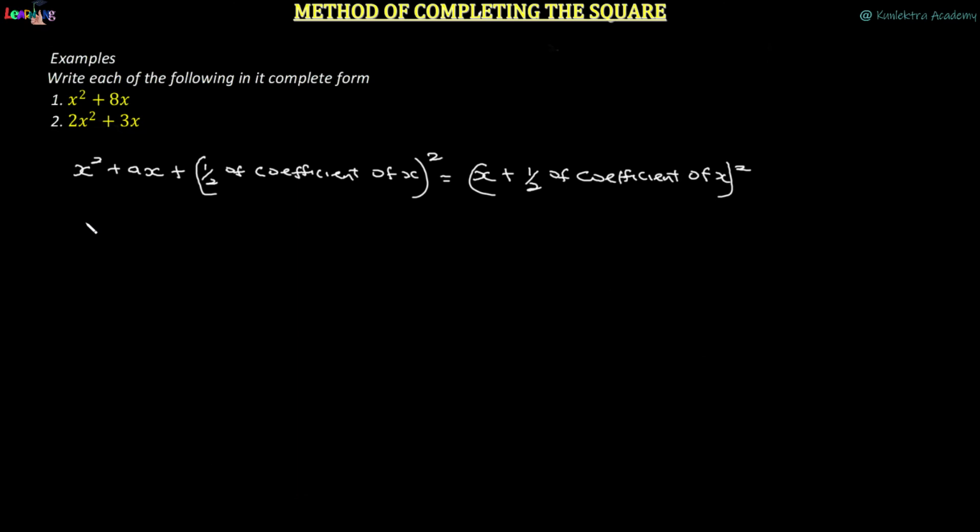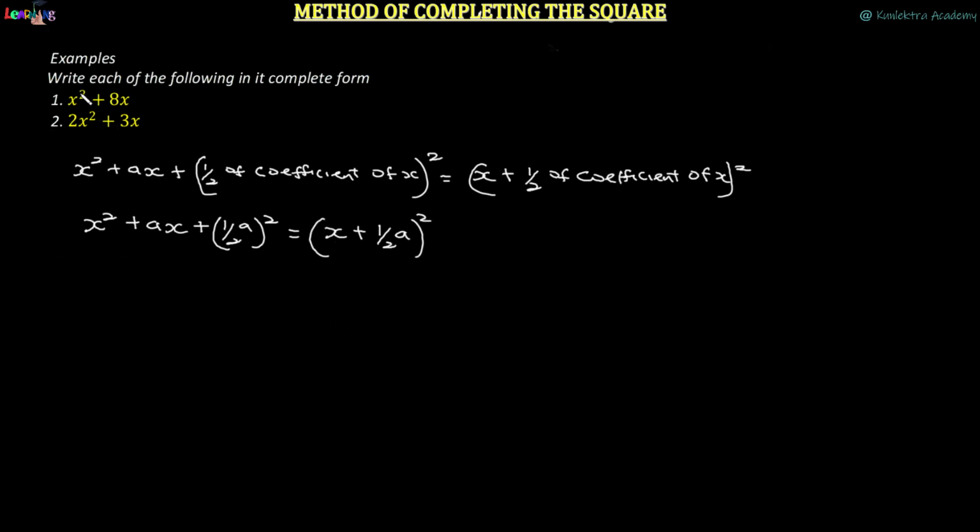Now here you have x squared plus ax. The coefficient of x is a. You have plus half of a all squared. That is x plus half of a, the perfect square.